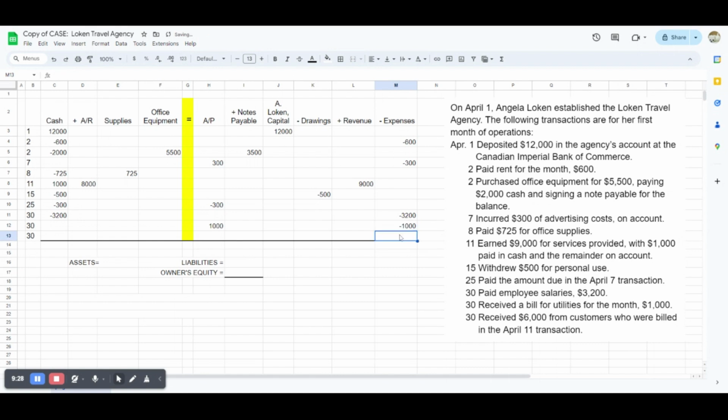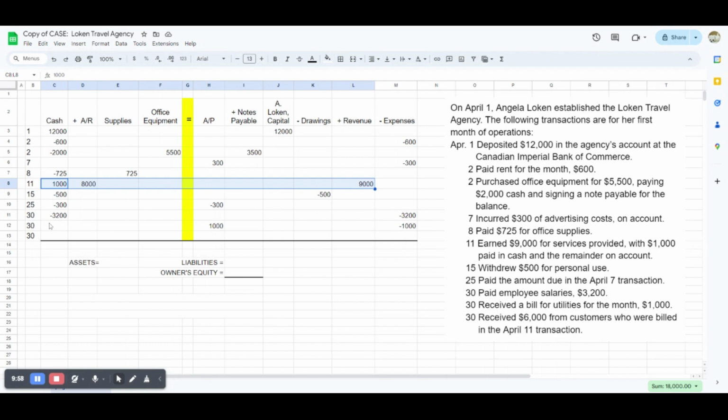Now for the last transaction, received $6,000 from customers who were billed in the April 11th transaction. Okay, so in the April 11th, it just says earned $9,000 for services provided with $1,000 paid in cash and the remainder on account. Here it is. And now it's saying that you received $6,000.